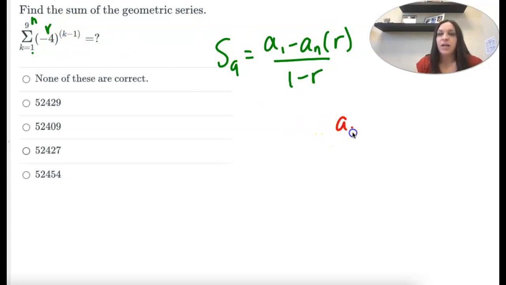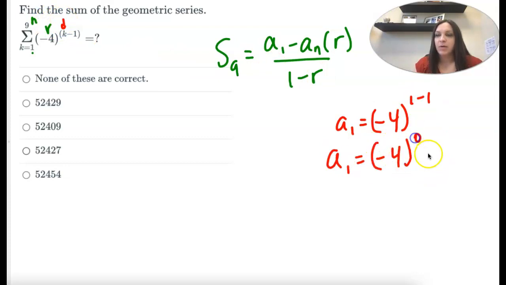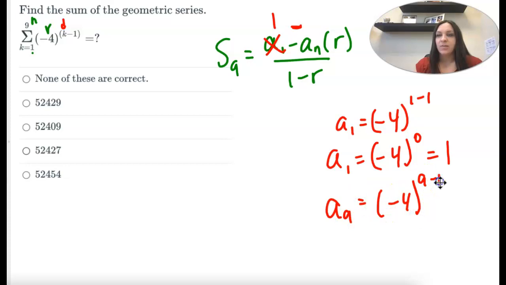If I want a1, it's negative 4, and then we're replacing k with 1. So that's negative 4 to the 0 power, which is 1. So a1 is 1. For a9, again we have to do the same thing. We have to put 9 in our equation. So negative 4 to the 9 minus 1.